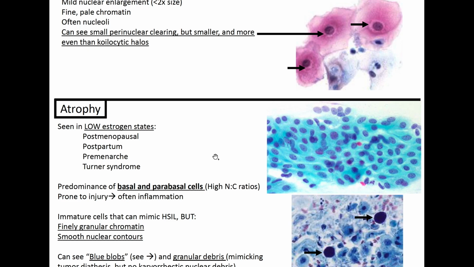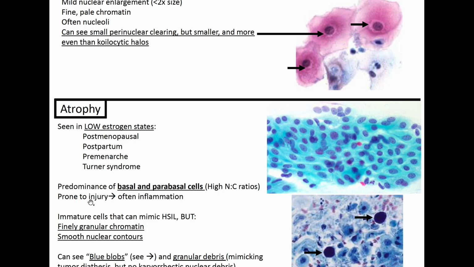So those basal and parabasal cells can be scary. Like I mentioned, they have that high N/C ratio, but always take into account your clinical history and be mindful of, is this patient in a low estrogen state? And that can clue you in that you could potentially be dealing with atrophy. So in atrophy, you have immature cells that can mimic HSIL, but they're going to have finely granular chromatin.